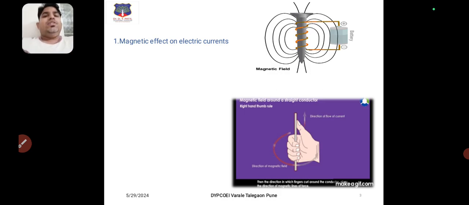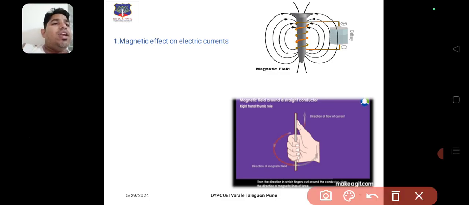Let's move towards the first concept of this unit, the magnetic effect of electric current, as shown in the diagram. I will draw one diagram.